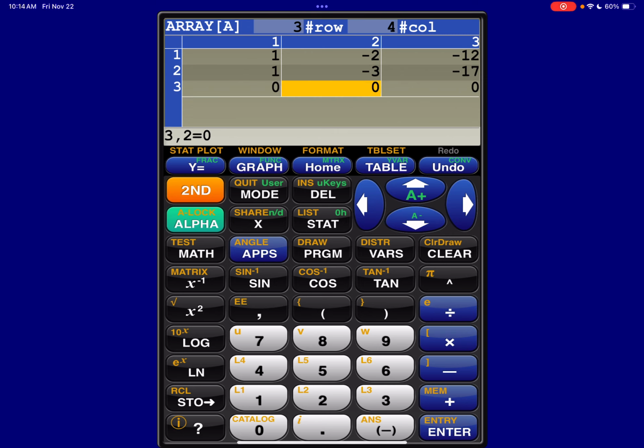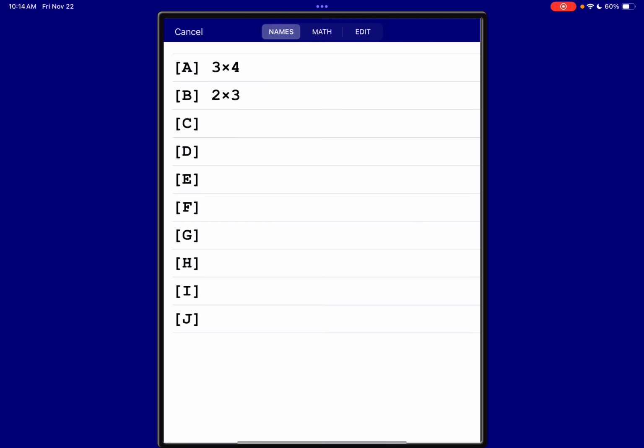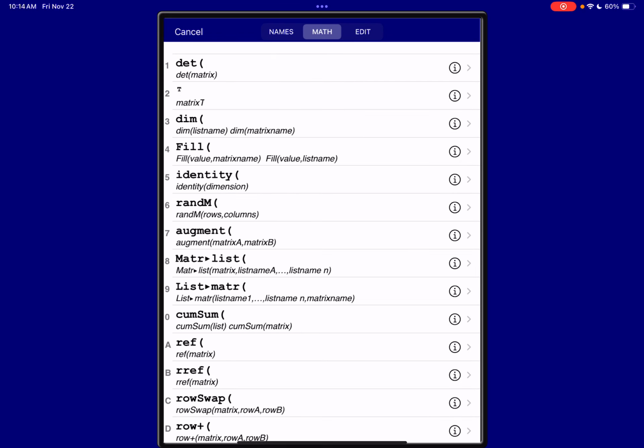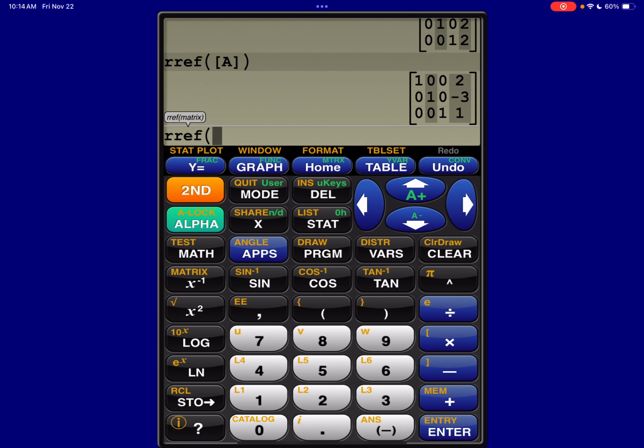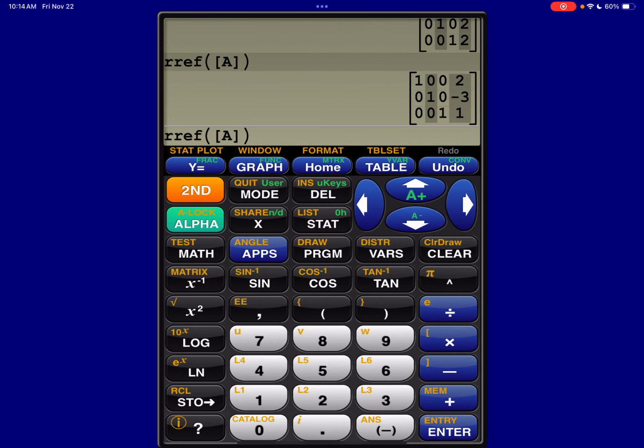So 0 here, -2, -10, and 20. All right, now I have them all. Remember, you have to do second quit, get out of here. Second matrix, do the math, rref, go back to second matrix, grab A, because that's what we were reducing.